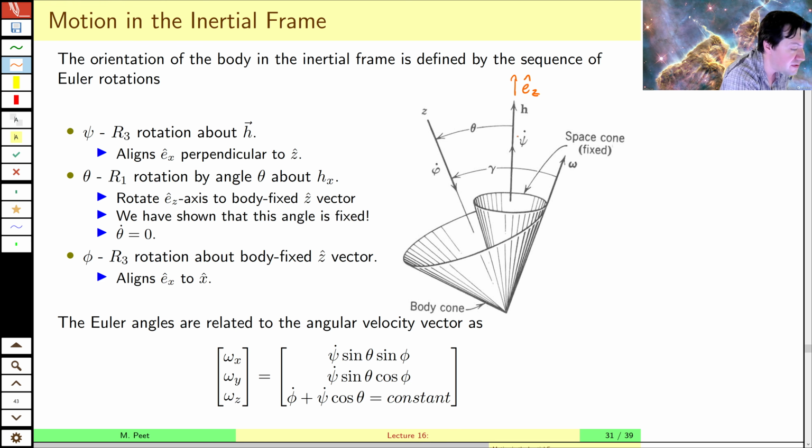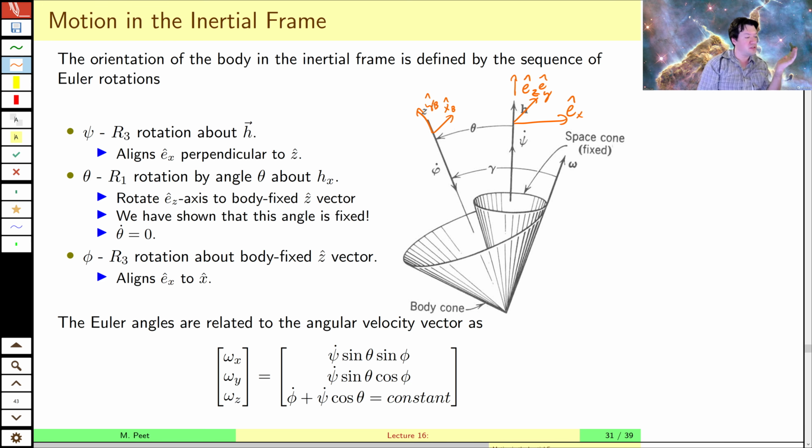We have some inertial coordinate system, and then we have E hat x and E hat y coordinates, and we have our body fixed frame over here, so x hat body and y hat body.